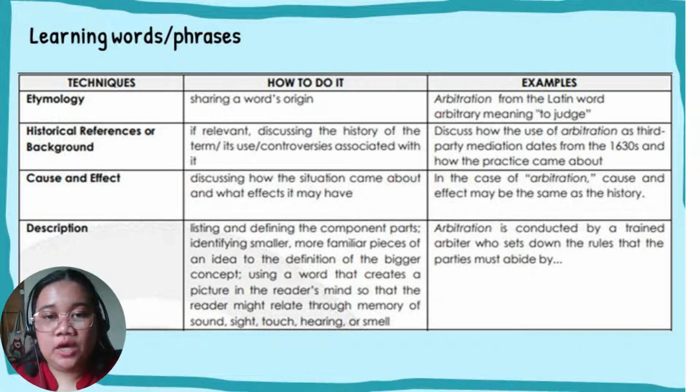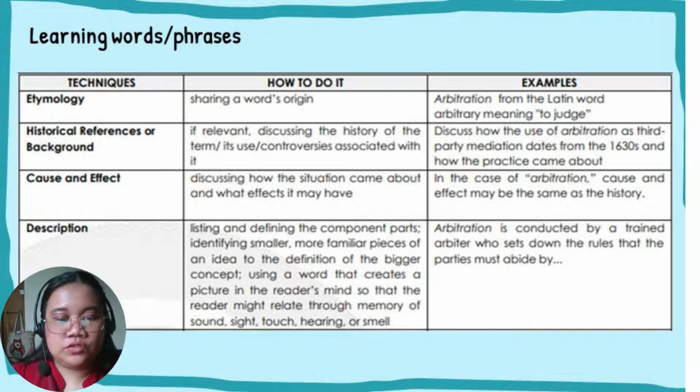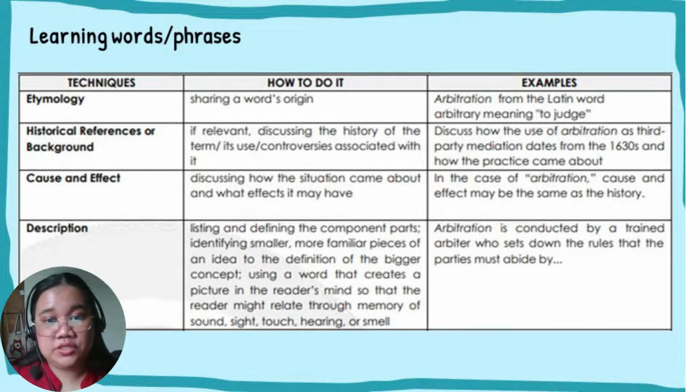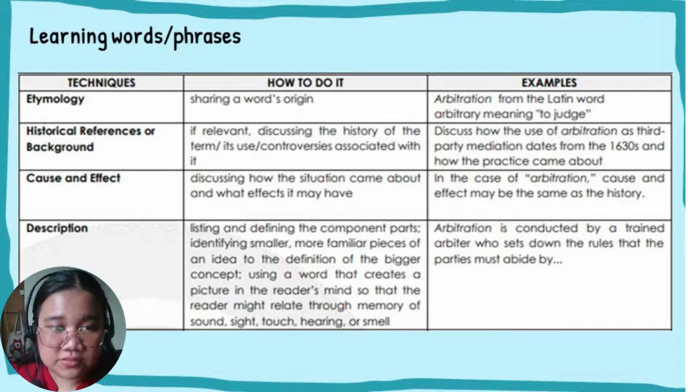So for example, arbitration is conducted by a trained arbiter who sets down the rules that the parties must abide by. So in description, again, it explains or describes the word. Okay?